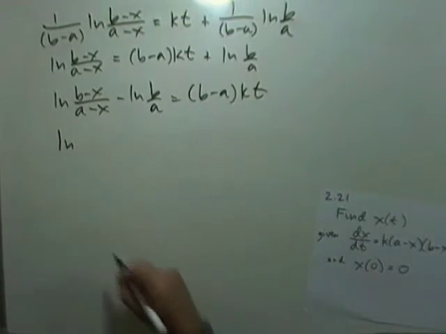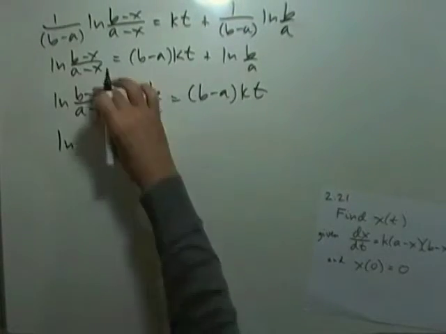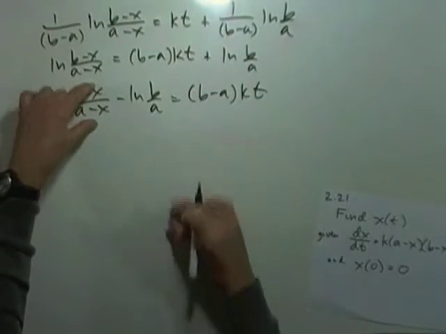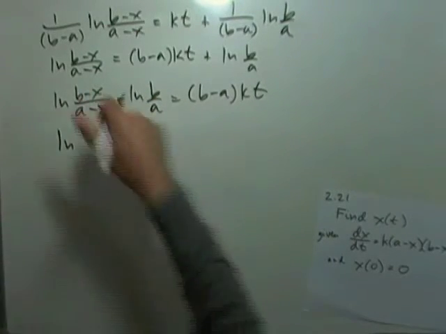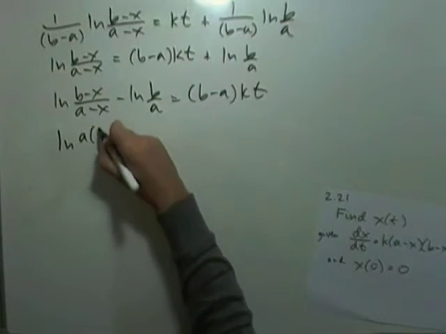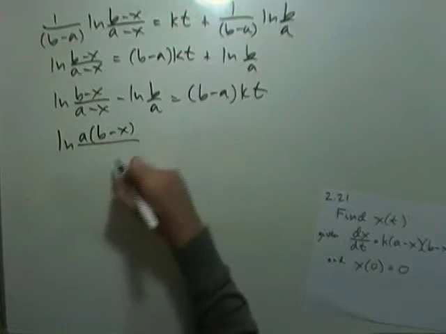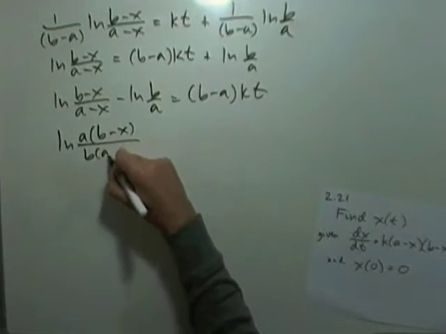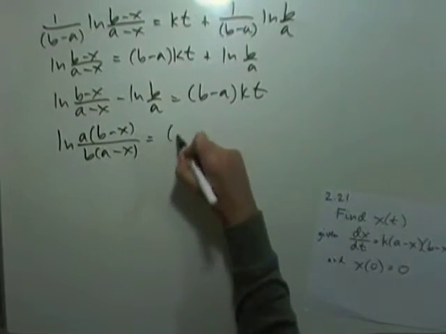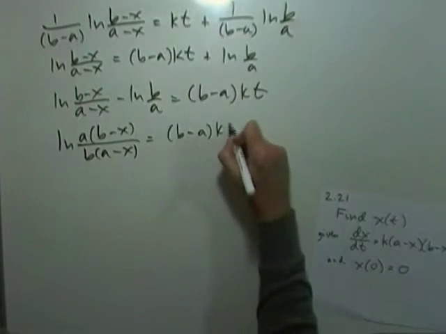Subtracting the logs, so I'll produce dividing by this as a fraction divided by a fraction, so make it the fraction times the reciprocal. So it will be a times b minus x over b times a minus x equals b minus a kt.